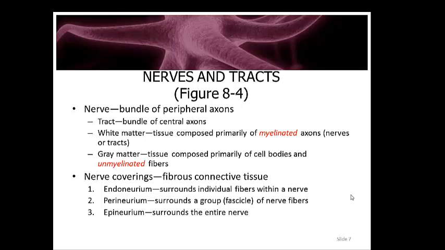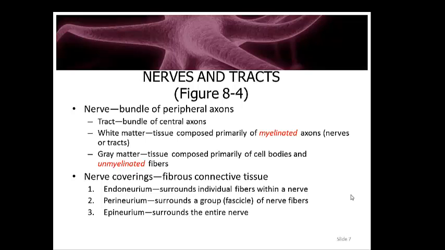Just as with the skin, and as you'll learn in part 2 of this course with the blood vessels, there are layers or coverings. The nerve coverings are made up of fibrous connective tissue. The layers demonstrated here go from the inside out. The innermost nerve covering is called the endoneurium, which surrounds an individual fiber within the nerve.